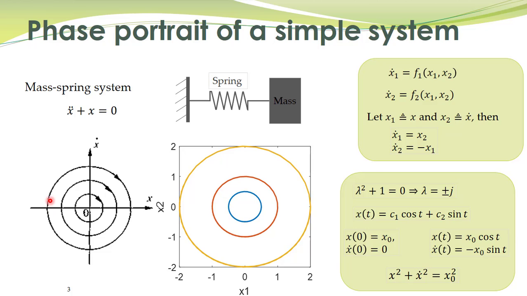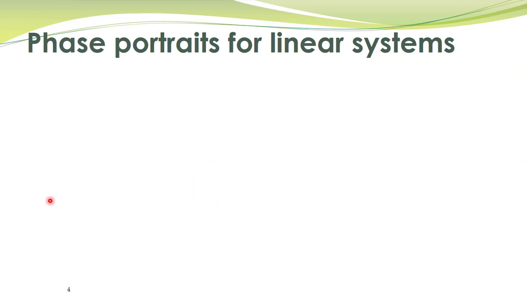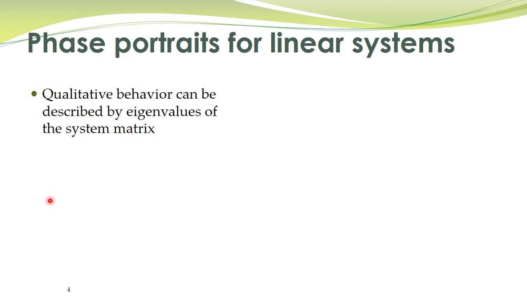So what information do we get from these phase portraits? Before that, do you have a question? Okay. Before we talk about nonlinear systems, we study phase portraits for linear systems. From the previous study, you know that the qualitative behavior of linear systems can be easily described by the eigenvalues of the system matrix.